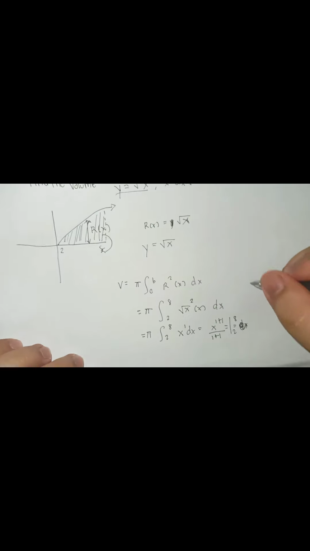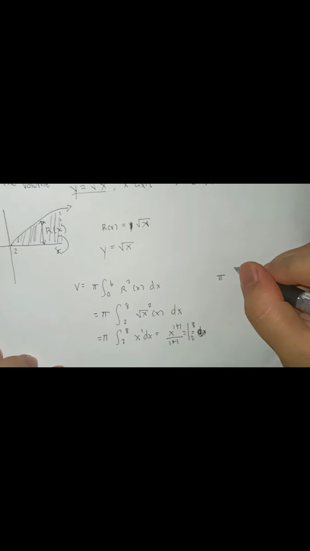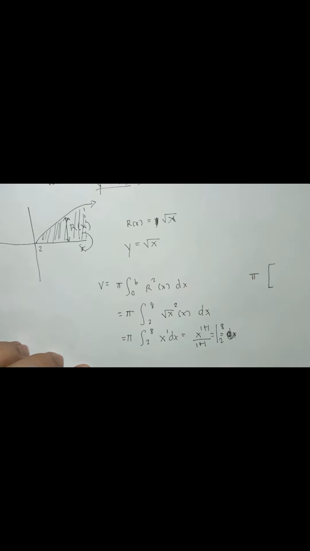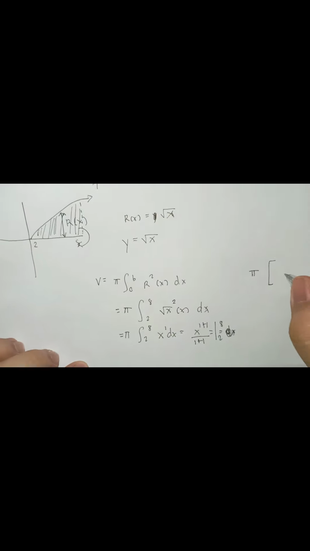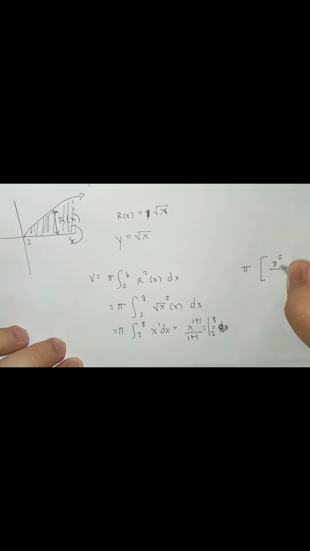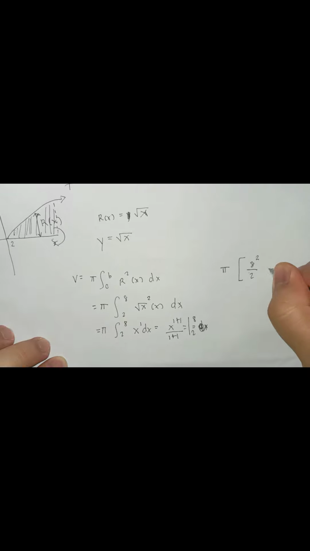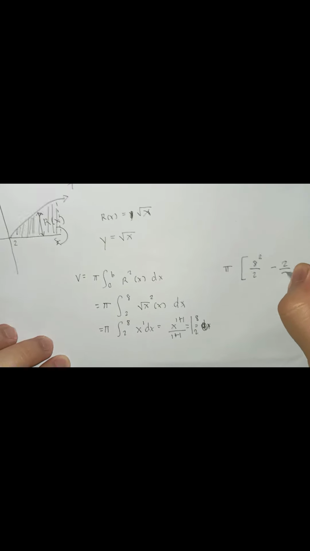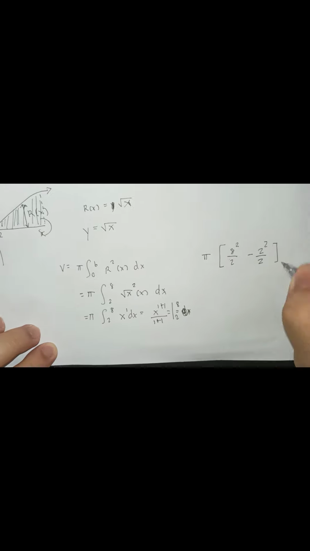So now we just plug in our values, which is 8 squared over 2 minus 2 squared over 2.